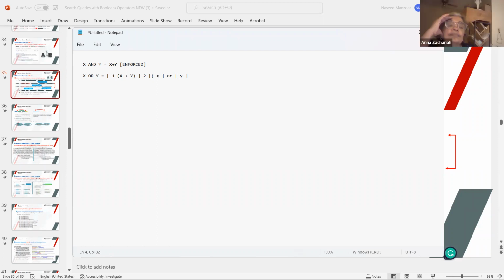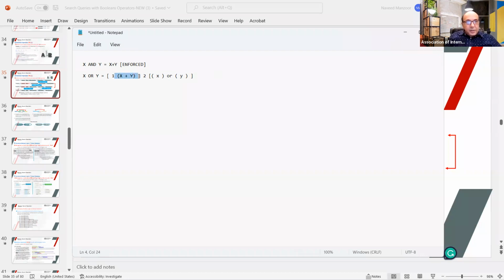Let me make it even better. The first action is to find X plus Y. The second action is to find either X or Y.